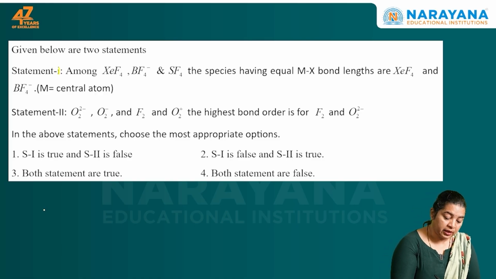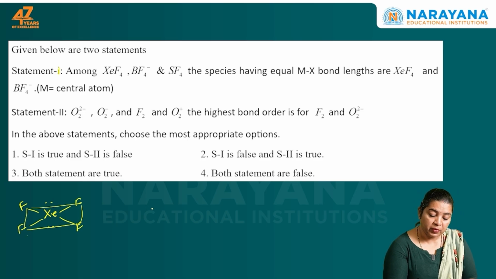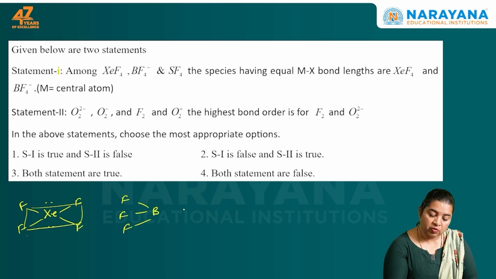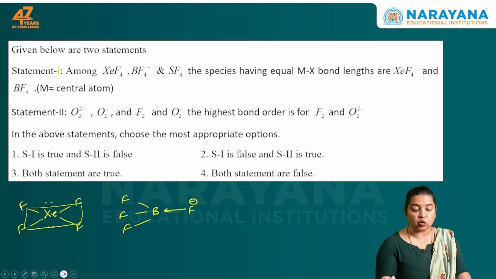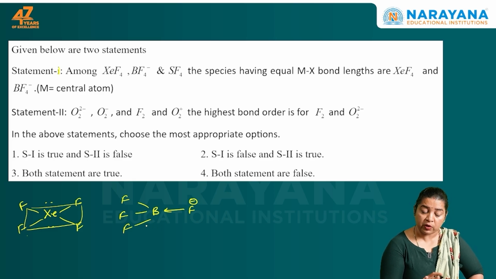Well, that is correct, because xenon has all bond lengths equal. When we talk of BF4 minus, the coordinate bond is ultimately behaving as a normal sigma bond. So, yes, all the bond lengths are equal. First two compounds give the condition correctly.